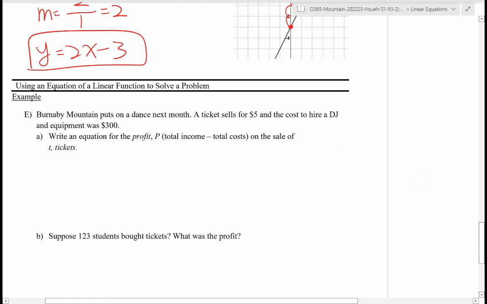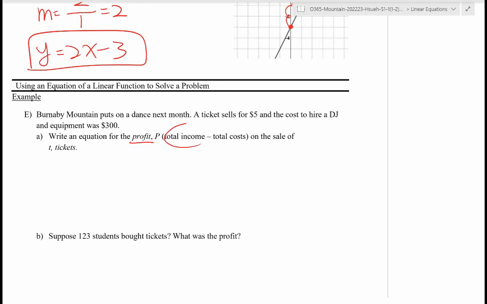So let's see. It says Burnaby Mountain puts on a dance next month. A ticket sells for $5, and the cost to hire a DJ and equipment was $300. Part A, write an equation for the profit, P. If you don't know, profit is equal to the total income minus the total cost on the sale of the number of tickets, T, okay?